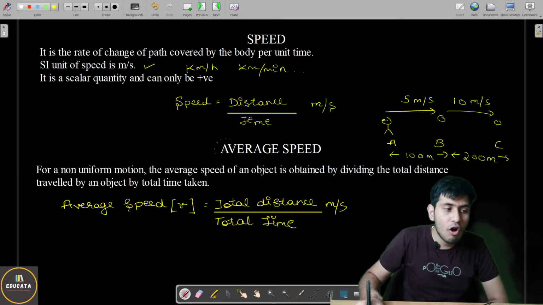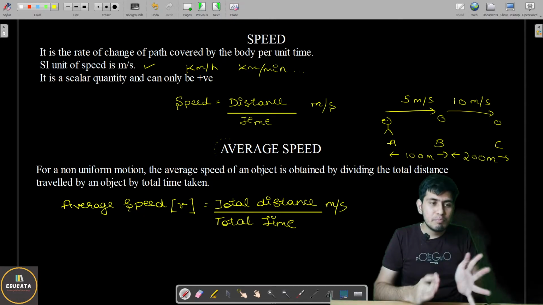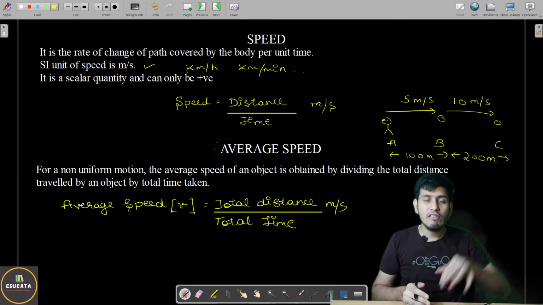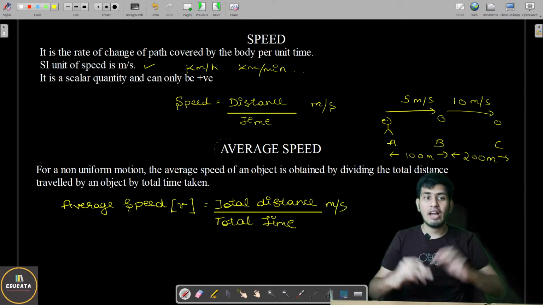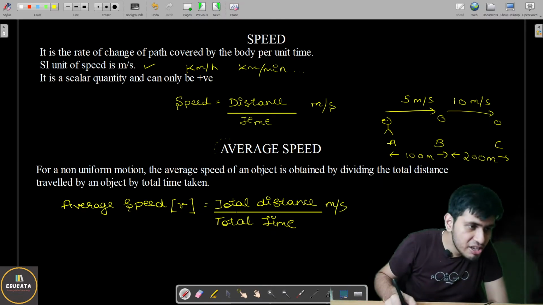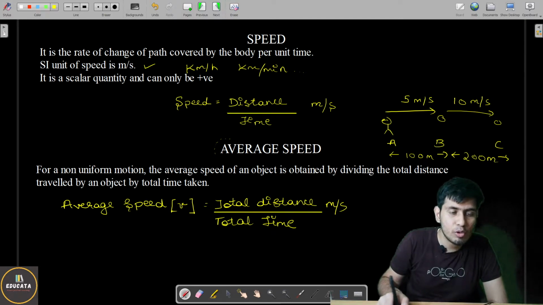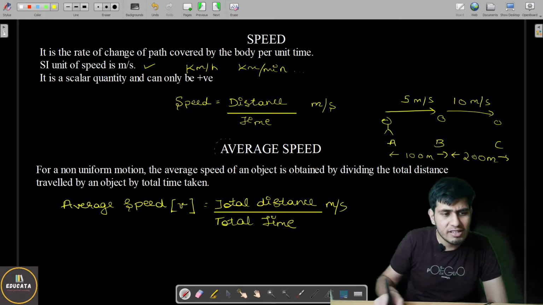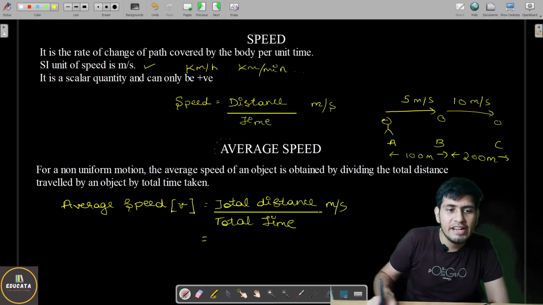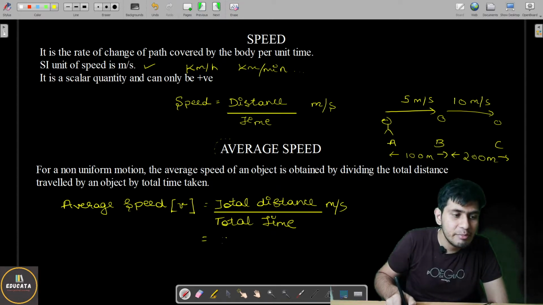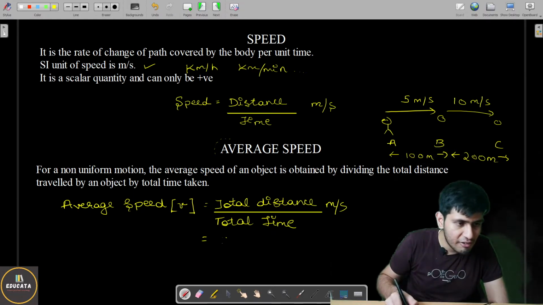Now, if we want to find the average speed for this particular motion when a boy is reaching from point A to point C, then how can we calculate? Average speed is basically total distance by total time. Do we know the total distance? Yes, we know the total distance. It is basically equal to 300 meters. The total distance covered by this person is 300 meters.